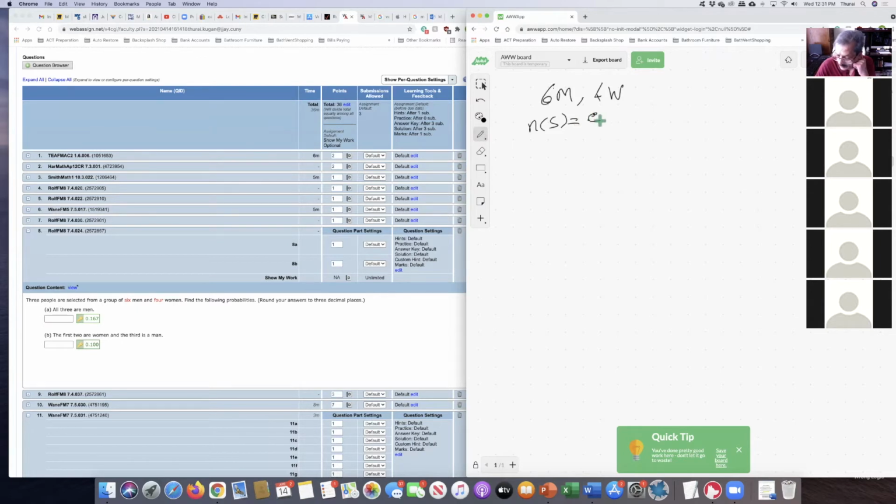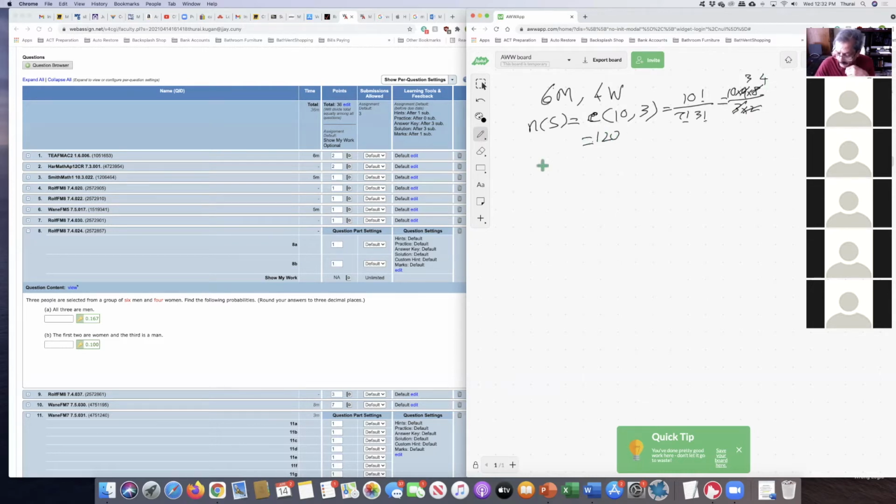So combination 10 comma 3 equals 10 factorial over 7 factorial times 3 factorial, which is 10 times 9 times 8 over 3 times 2. 3 divides 9 into 3, 2 divides 8 into 4, 3 times 4 is 12, so 120.